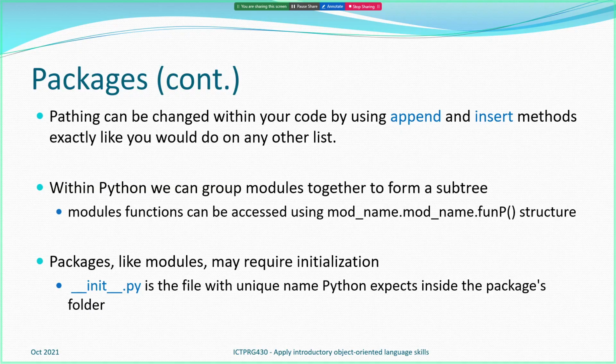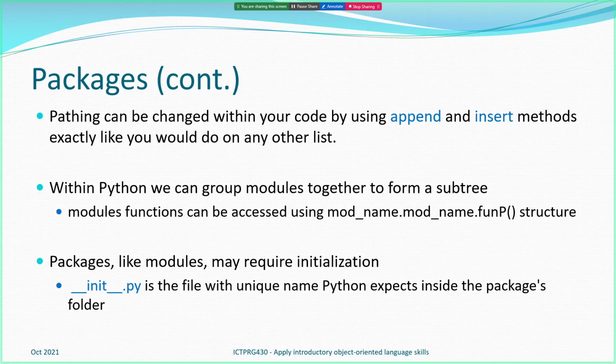Now, when we want to gather modules and packages together, we just add those module names one after the other, separated by the dot. And you work your way down through the folders to the function that you're after.